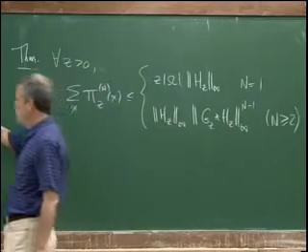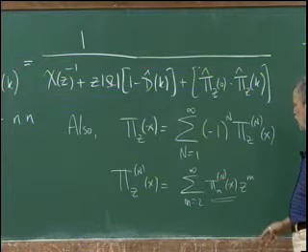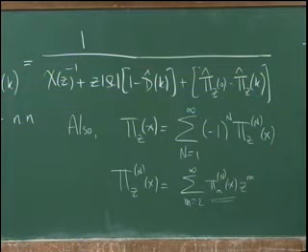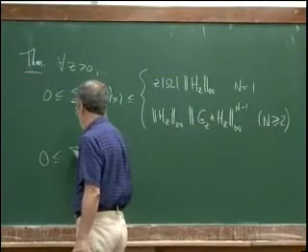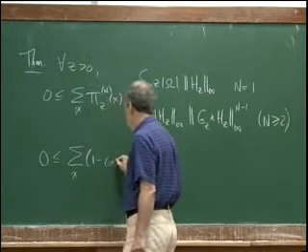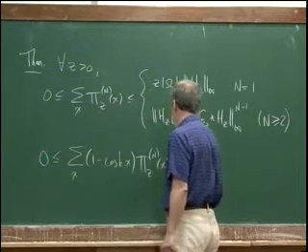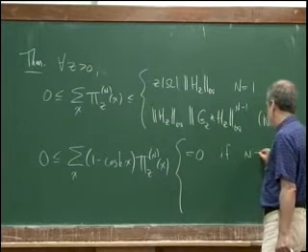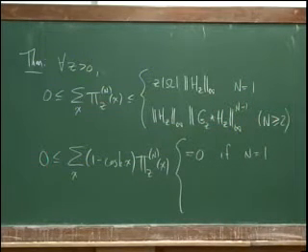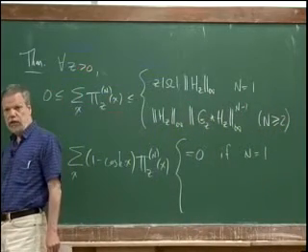I also mentioned last time that in order to understand this, we really need to understand a sum. We really need to understand pi zn when it's multiplied by 1 minus the cosine of k dot x. And so we had a bound of the form sum over x, 1 minus cosine k dot x, pi zn of x. First of all, that's equal to 0 if n is equal to 1, because inside this pi 1, there's a delta function that forces 0 to x.